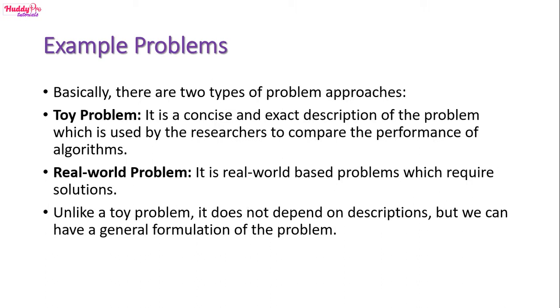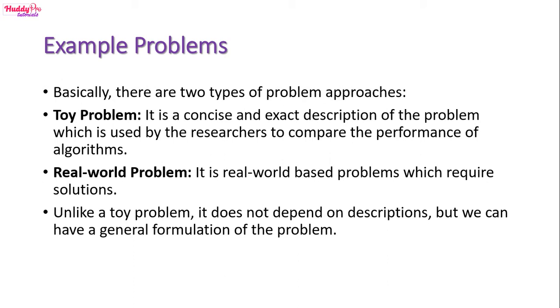Okay. Let's see examples of problems that are solved by this goal-driven agent. Basically, there are two problem approaches. One is the toy problem, and two is the real-world problem. What's the toy problem?